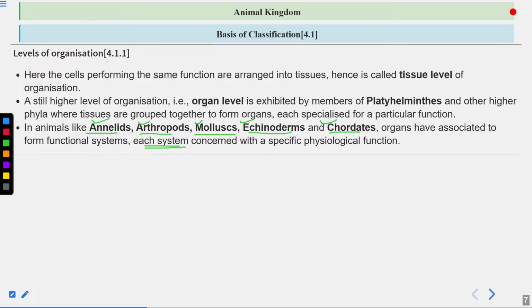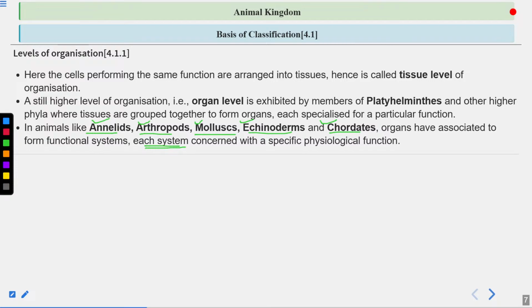Like we humans are the most complex organism, right? And we have different systems in our body. We have digestive system, nervous system, circulatory, respiratory, reproductive system, muscular system, skeletal system. So many systems we have.